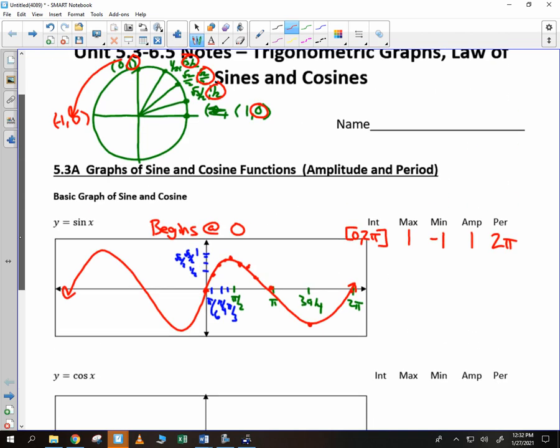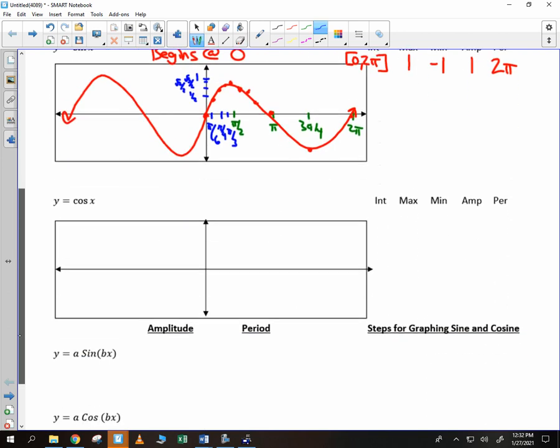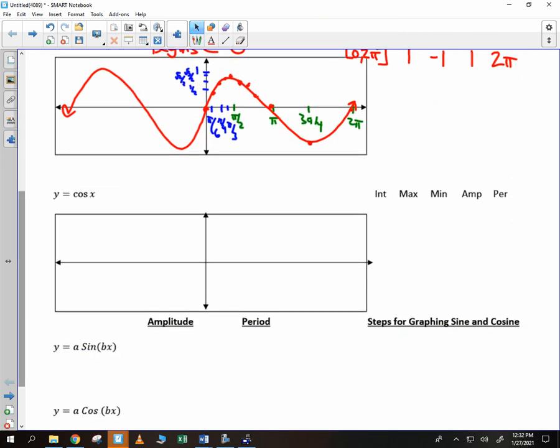The cosine graph, if you look at the difference, I'm going to circle in blue the x values. So cosine starts at 1, then root 3 over 2, root 2 over 2, 1/2, and then 0. And then by the time you get over the other side, it gets to -1. What's different about the cosine graph? We still mark off 2 pi. We divide it into 4 parts.